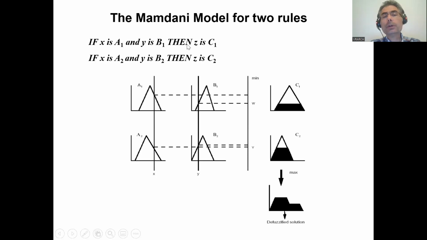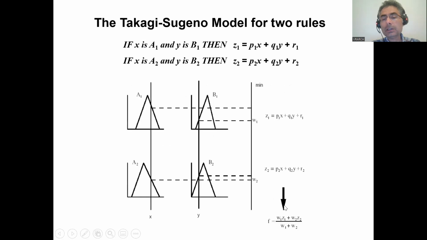Now you need to operate the THEN part of this. The THEN part is processed that way. So the minimum here for the first rule, the minimum here for the second rule. Now you need to take the maximum here to get this shape, and then the defuzzification is the calculation of the center here.